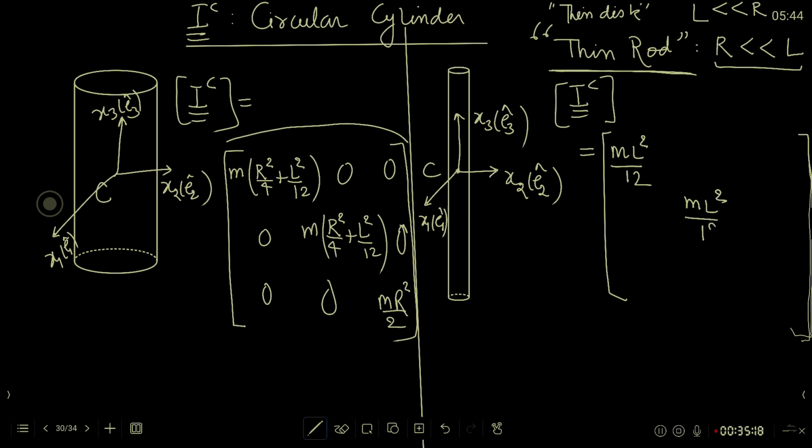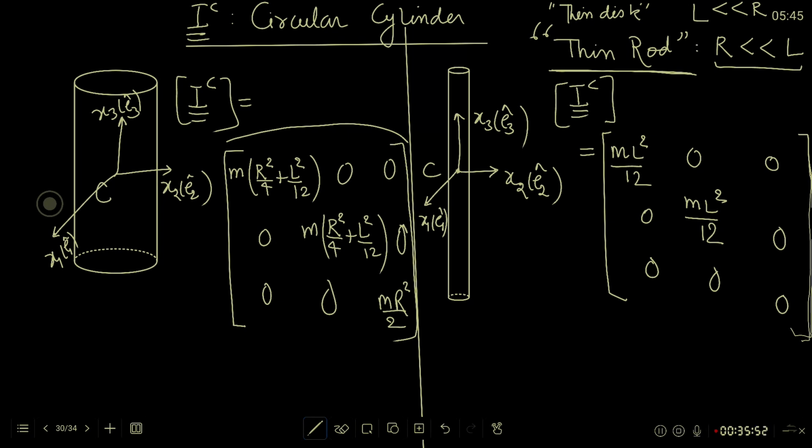If you recall, in my last lecture, I said that the physical meaning of moment of inertia is how far the mass is distributed from that particular axis. If I am talking about IC33, then IC33 is a measure of how far the mass of the RB is distributed, measured from the 3 axis.